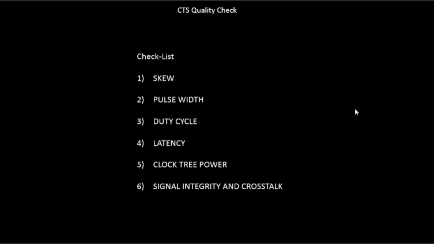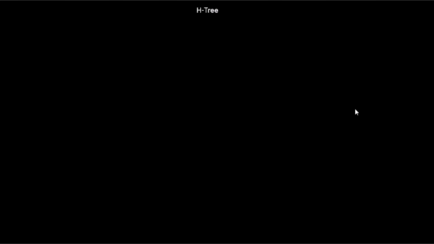So starting from here, in the next video we'll be looking into one of the very important algorithms, or one of the basic algorithms, which will help us to clear a lot of our doubts, and that is the H tree algorithm. It's a very simple and very basic algorithm, but being a basic algorithm, it will help to solve a lot of our doubts and concepts regarding advanced clock trees.